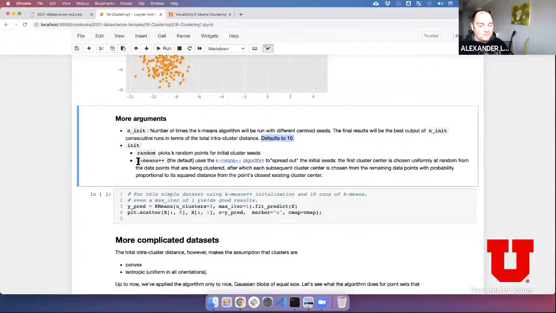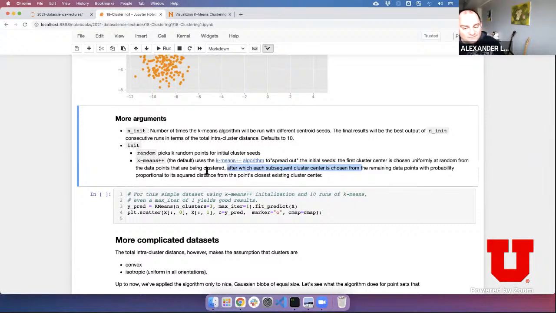By default, the algorithm actually uses the k-means++ algorithm, which is Lloyd's algorithm, but the only difference is that it spreads out the initial seeds. What it does is the first center is chosen uniformly at random from the data points that are being clustered, and each subsequent cluster center is chosen from the remaining data points with a probability proportional to its squared distance from the point's closest existing cluster center.